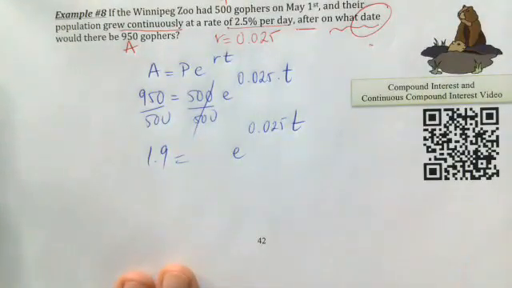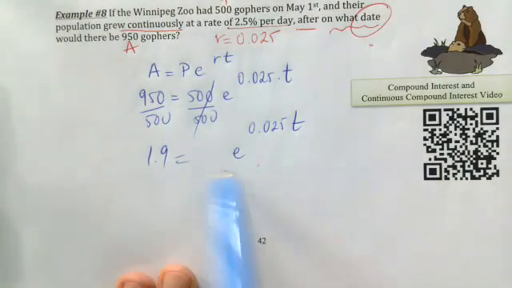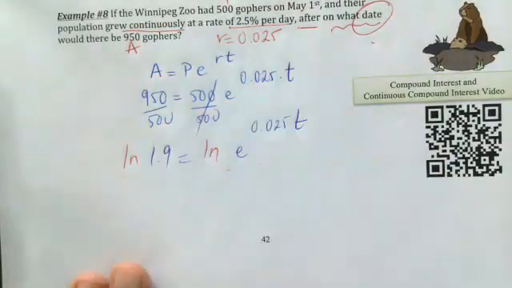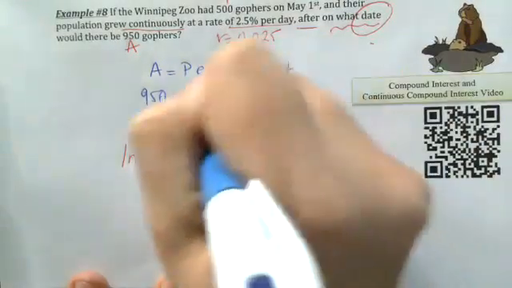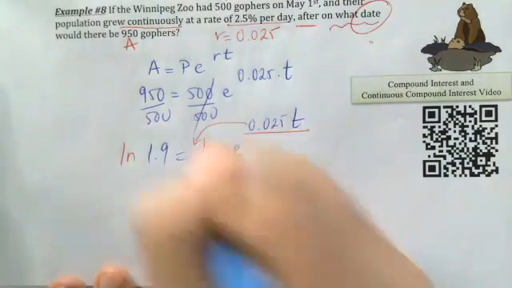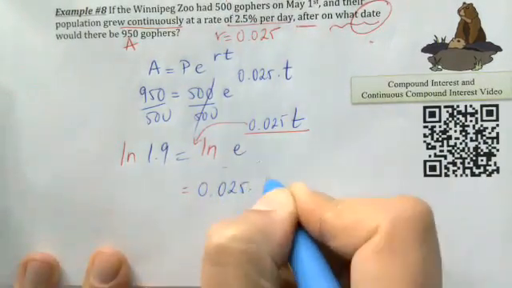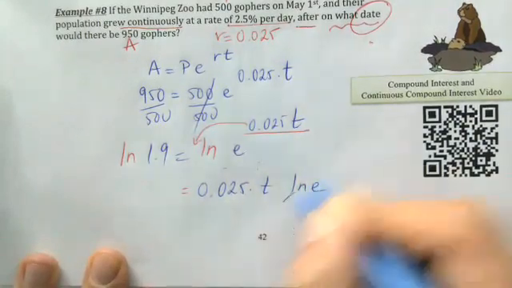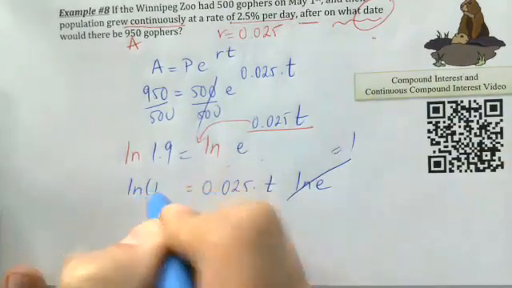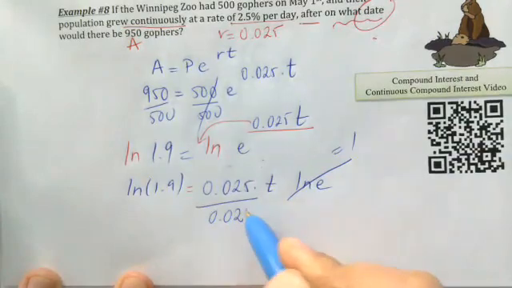And then we do what for a natural exponential equation? Take ln of each side, and then drop the exponent in front using the power law. So ln of 1.9 equals 0.025 times t, ln of e, just cross it over because it's going to equal 1, right? And I divide both sides by 0.025.